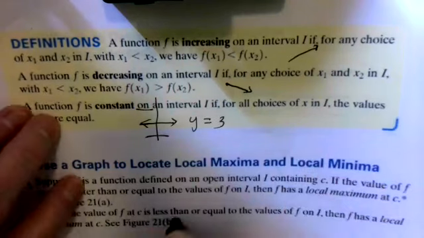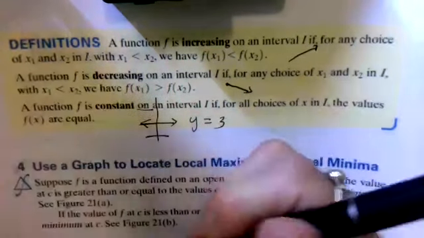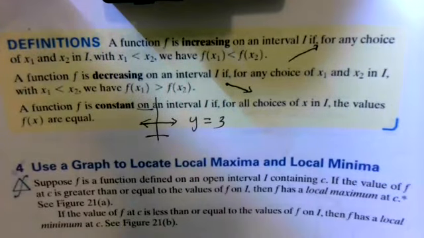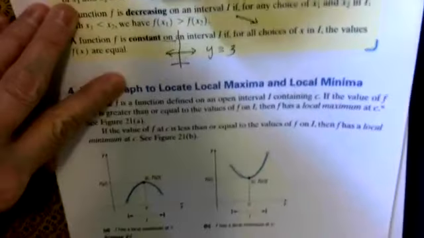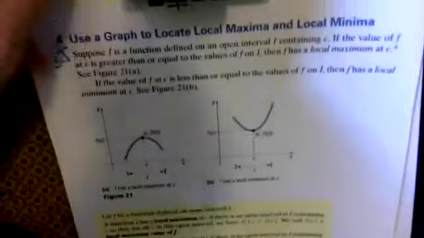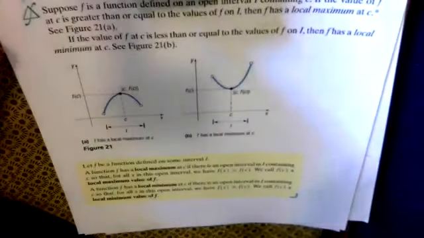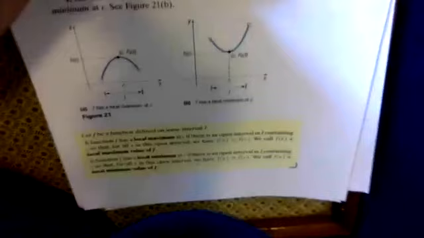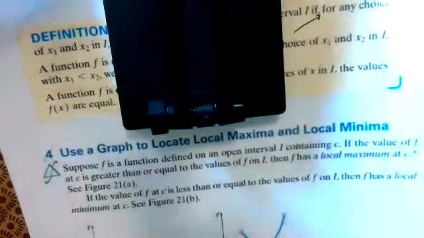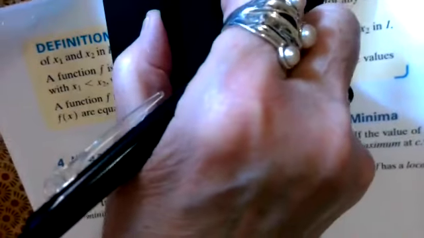Okay, so that's one property of a function. We're going to talk some more about increasing and decreasing. But the next thing we're going to talk about is, here we go, using a graph to locate local maximum and minimum.